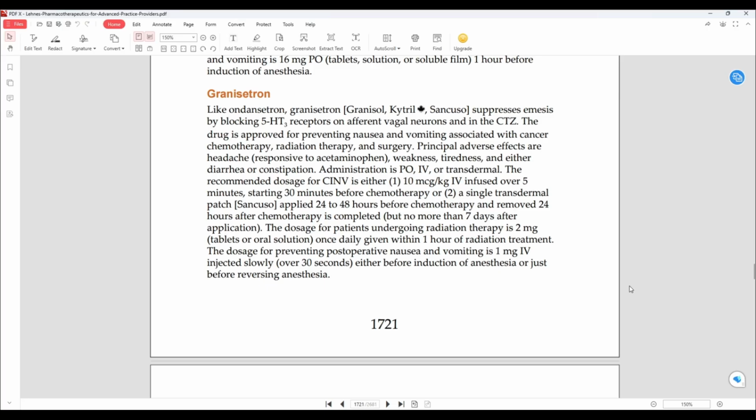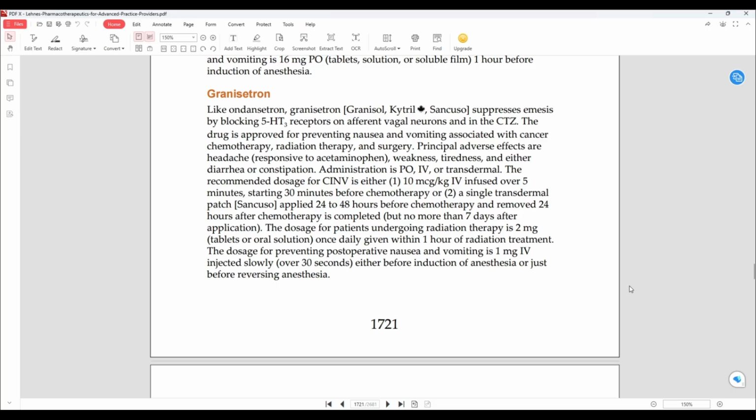The recommended dosage for CINV is either 1, 10 micrograms per kilogram IV infused over 5 minutes, starting 30 minutes before chemotherapy, or 2, a single transdermal patch applied 24 to 48 hours before chemotherapy and removed 24 hours after chemotherapy is completed, but no more than 7 days after application.